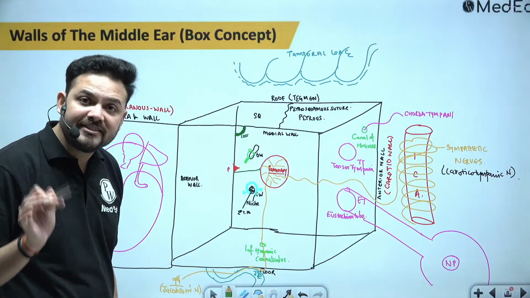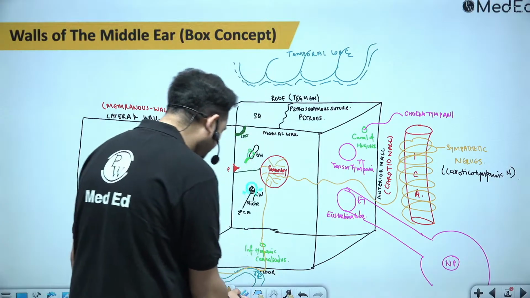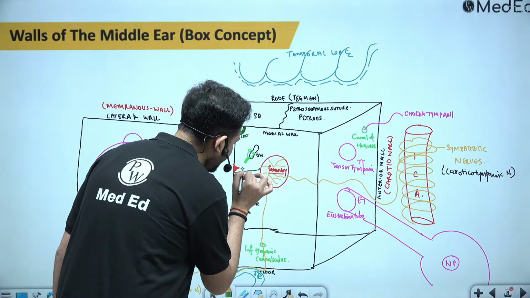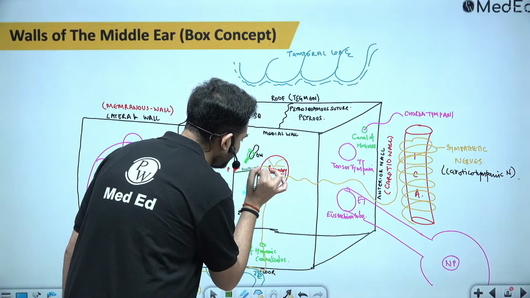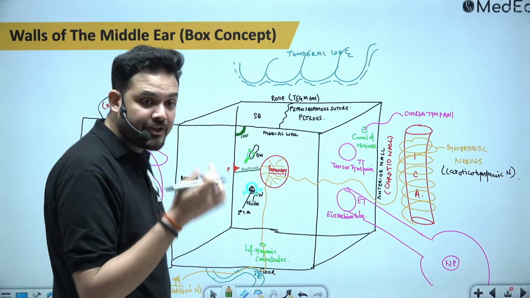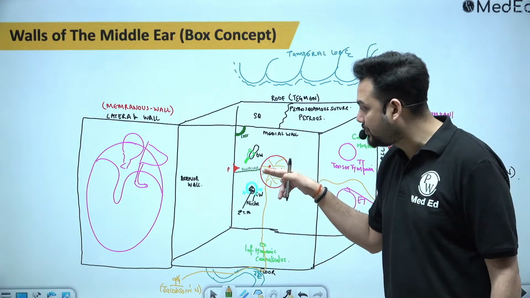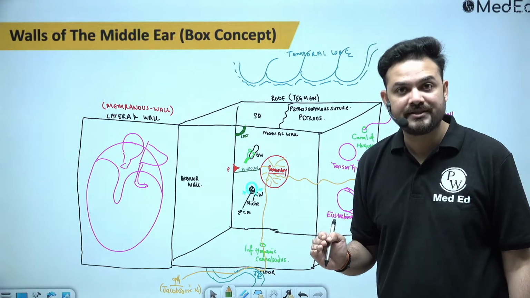This bone is called the ponticulus. So let me just mention it here. Ponticulus is a ridge of bone coming out from the lateral end of the promontory and going towards the pyramid.